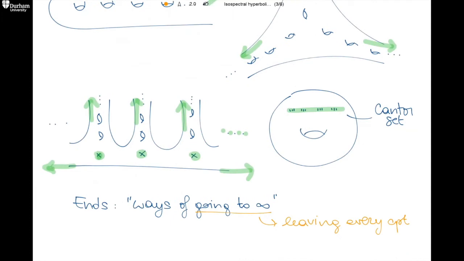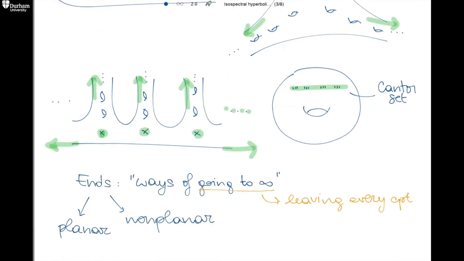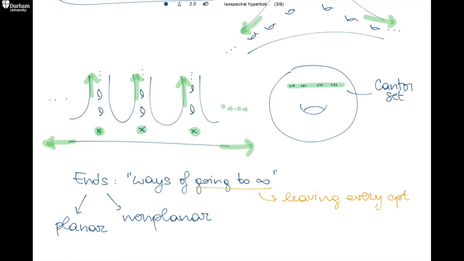Something else that one can say about ends is that there are 2 types: planar or non-planar. Planar ends are those that have a neighborhood which does not have any genus, a genus 0 neighborhood.